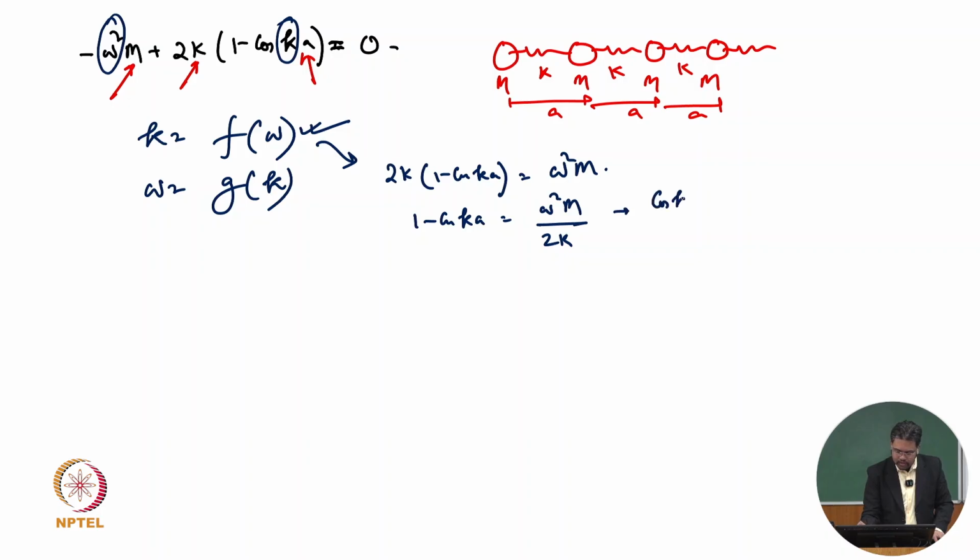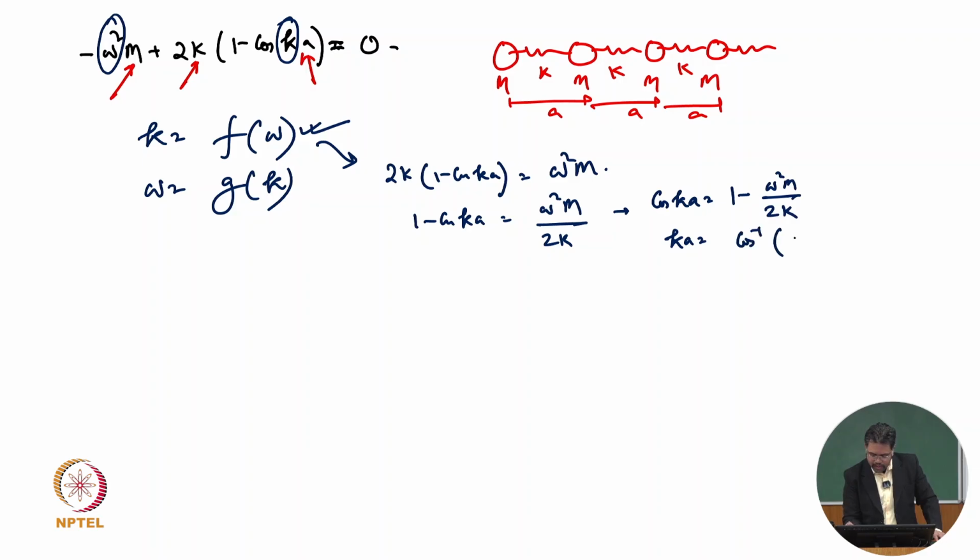From there, cos kappa a will be equal to 1 minus omega square m divided by 2k. So kappa a will be equal to cos inverse of 1 minus omega square m by 2k. Can we calculate it?